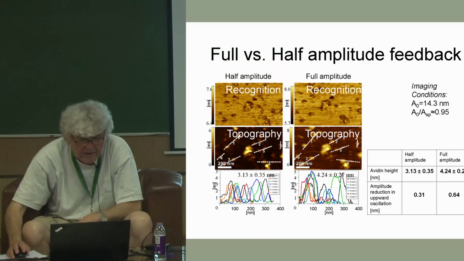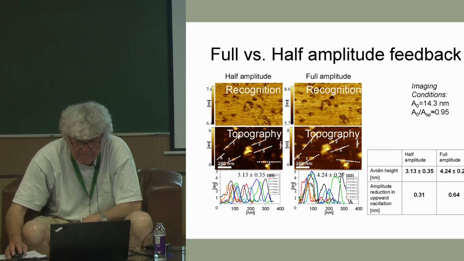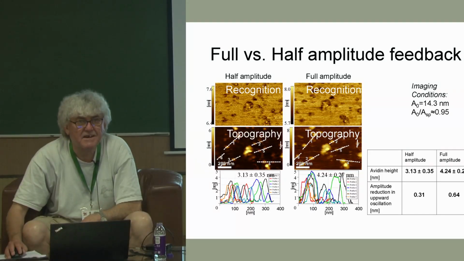And that's what we can also see here. If we compare half amplitude with full amplitude feedback, we can see that with the full amplitude we overestimate the height of the protein, 4 nanometers instead of 3 nanometers. But of course, we also get a higher recognition signal. Why?